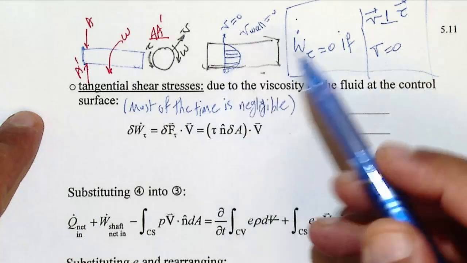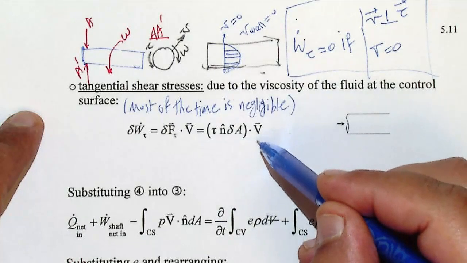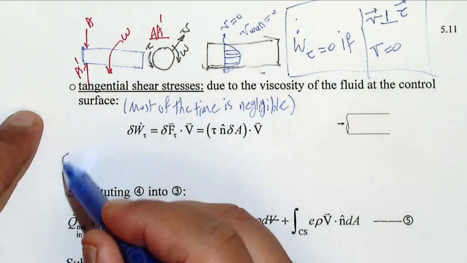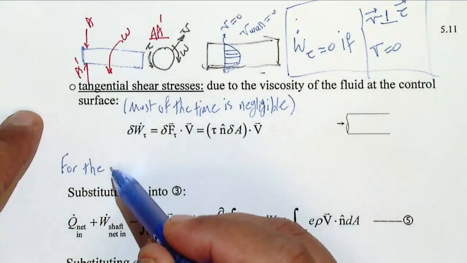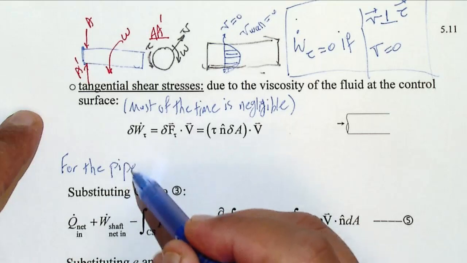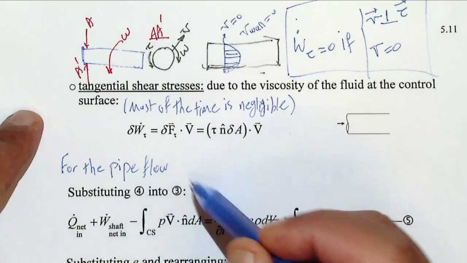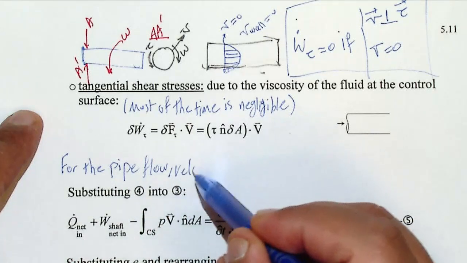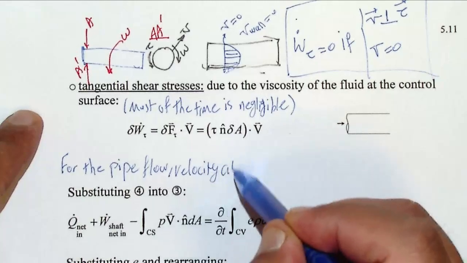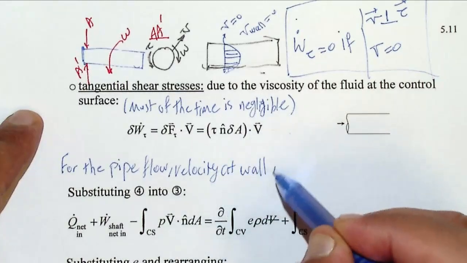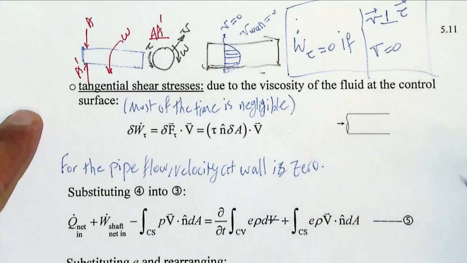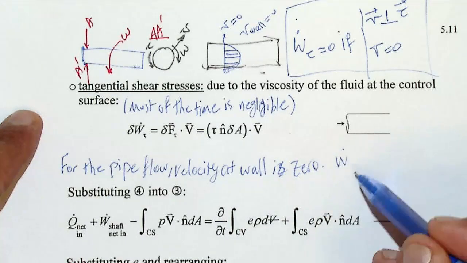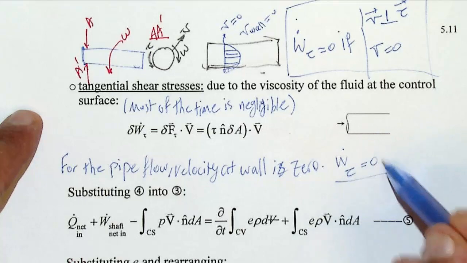But because velocity at the wall is zero, then for pipe flow this type of work is zero. Velocity at the wall is zero, then W dot of tau is zero.